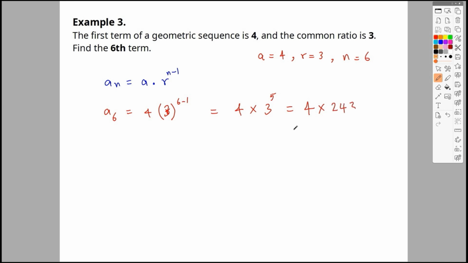So the final answer is 4 times 243, which is 972. So the sixth term is 972, and this is our final answer.